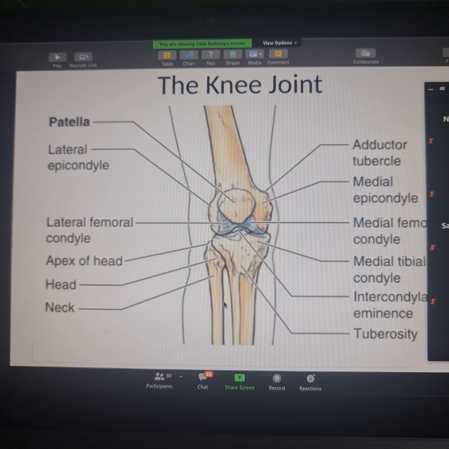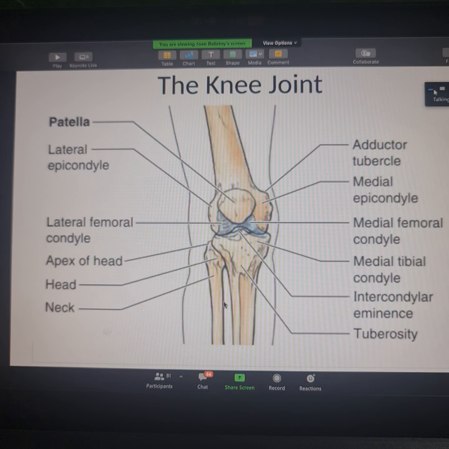The tibia is the big bone, the fibula is the thin bone. And you should easily identify if it is right or left. The tibia is towards the middle. So, where the fibula is located, that is the side.